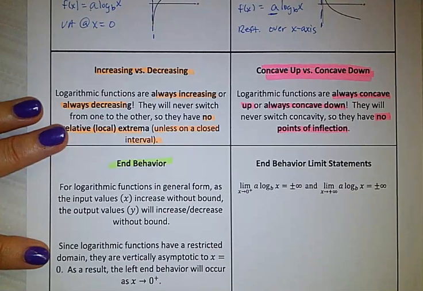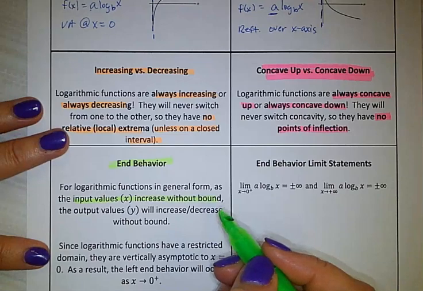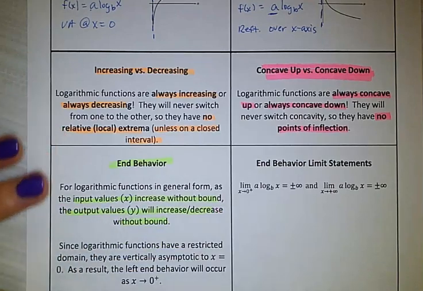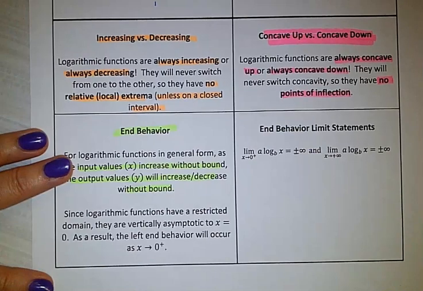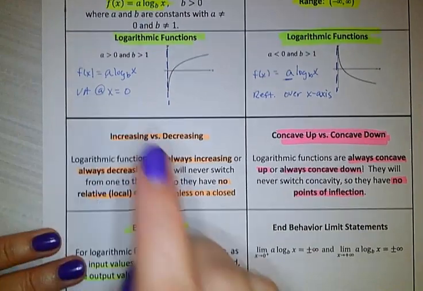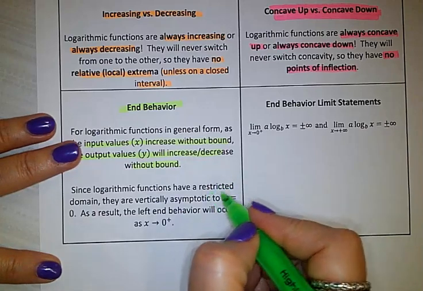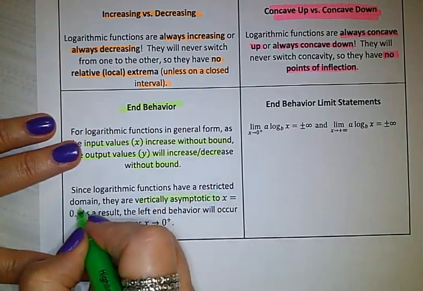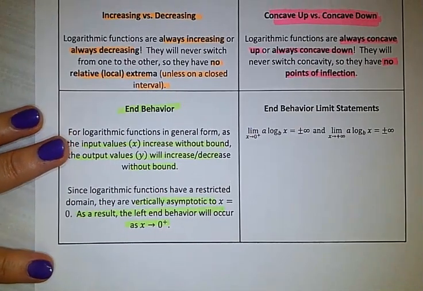Then we have our end behavior. In general form, as the input increases without bound, the output will increase or decrease without bound. Since logarithmic functions have a restricted domain, they are vertically asymptotic to x equals 0, as we talked about right here. As a result, the end behavior will occur at x equals 0 from the positive direction.